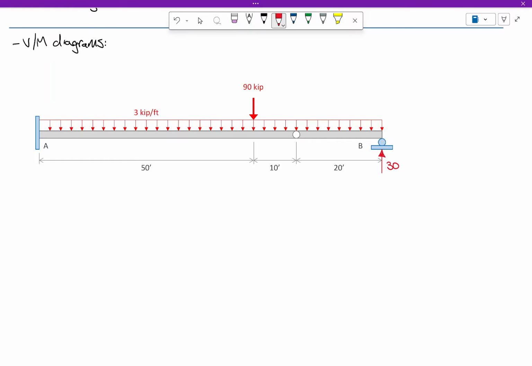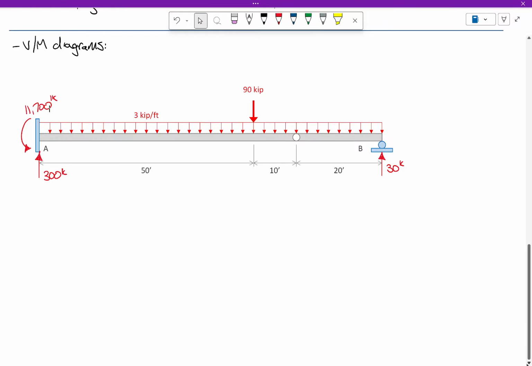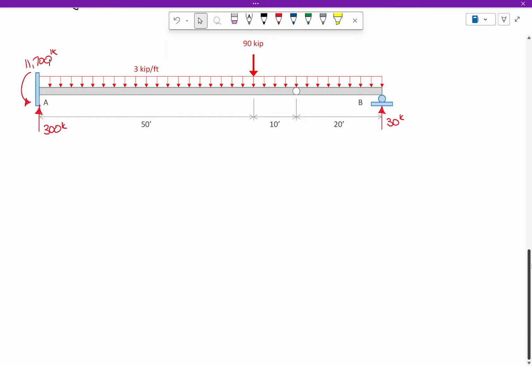So this was 30 kips. This was 300 kips. 11,700 foot-kips. I want to have a lot of room here on the screen.